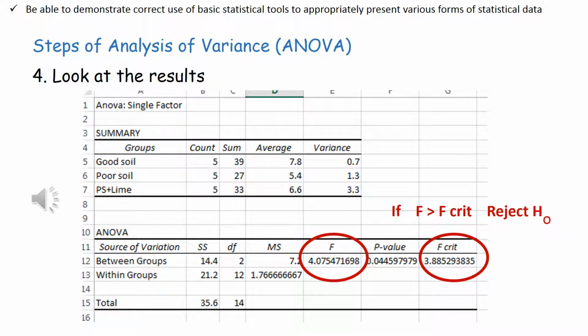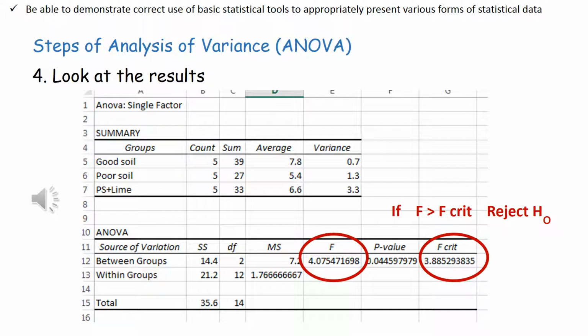The mean square is the sum of squares divided by the degrees of freedom. That is, the mean square for between groups is the sum of squares of 14.4 divided by 2. The mean square for within groups is 21.2 divided by 12.